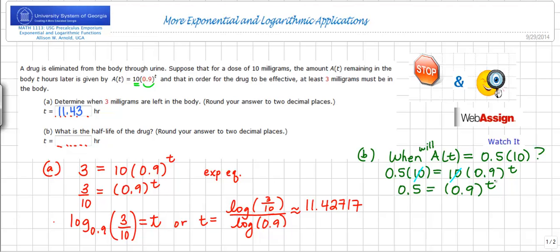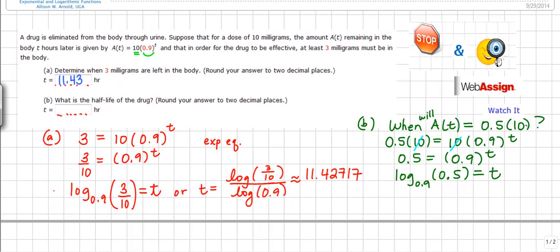And we can solve the problem either doing the log of both sides, since you already know you want to round to 2 decimal places, or we can do what we did before, and I'm going to stay consistent here, that this would be log base 0.9 of 0.5 equals t. And if I do a change of base conversion, that would be log base 10 or e, take your pick, of 0.5 divided by log base 10 of 0.9.